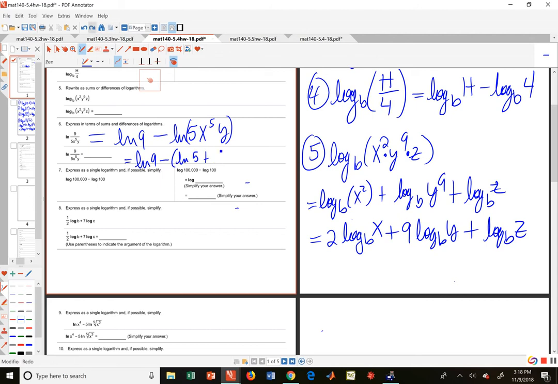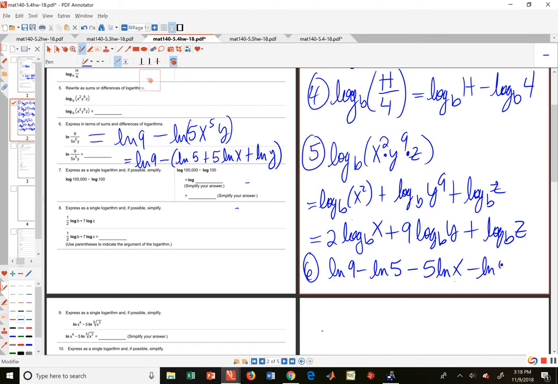Let's go ahead and pull that 5 out. There's no reason to leave that in there. And there you have it. Whether they want us to distribute this negative or not is not really a big deal, but on number 6, I'd say the final answer would have been with the negative distributed. So like that. Final answer on number 6.